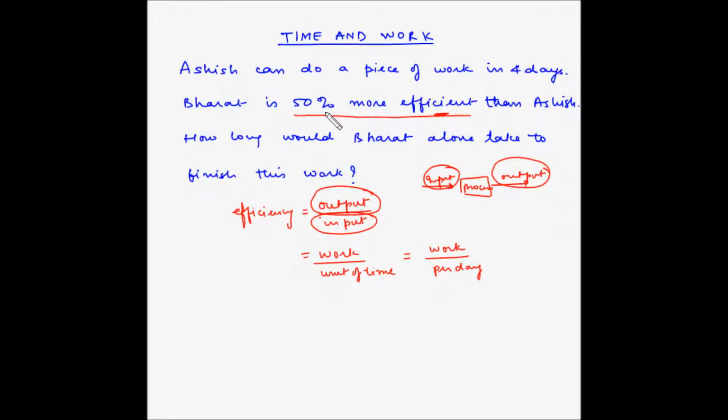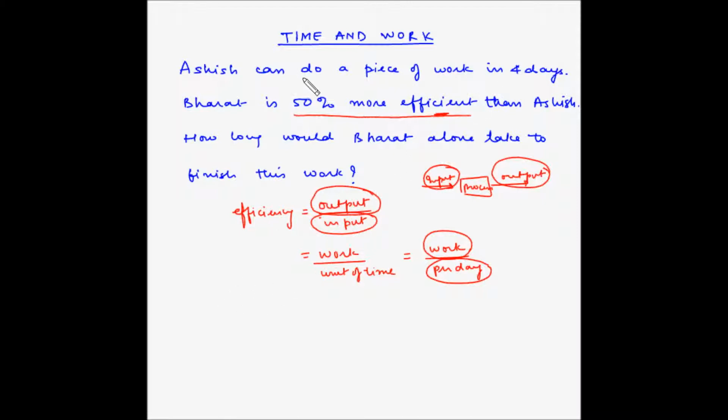So Bharat is 50% more efficient than Ashish. What that means is the work that Bharat can do is 50% more than Ashish per day. So first we have to find out how much work Ashish can do in a day.